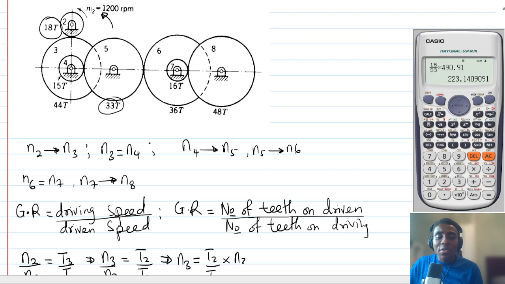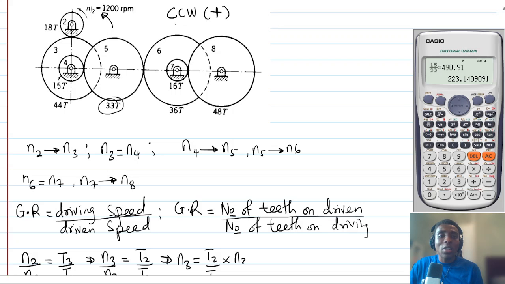Okay, so I think I have to clarify this. If you go back, you can see that the actual gear 2 was moving counterclockwise. But if it meshes with gear 3, it's going to change the direction of gear 3. Let's assume that counterclockwise is positive.